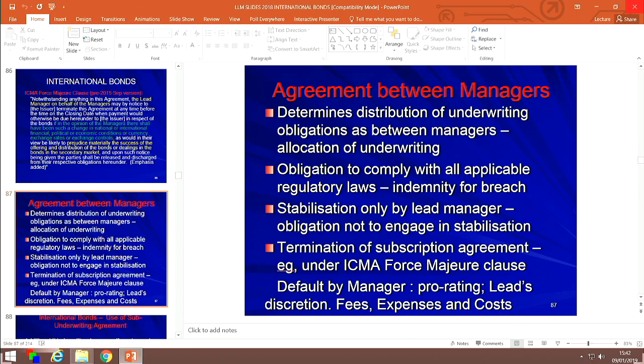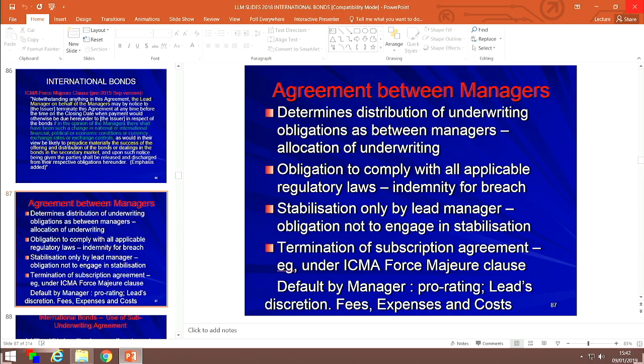So let's take an example. If you've got a bond issue which has failed up to 20%, the lead manager then calls on different managers to take up and pay for allocations of bonds. Let's suppose somebody has agreed to do 20%, and that somebody fails to take up and pay for that 20% of the unsold bonds. What happens now?